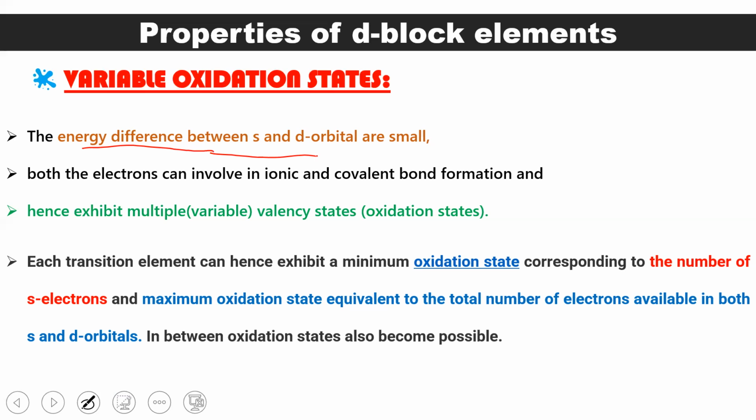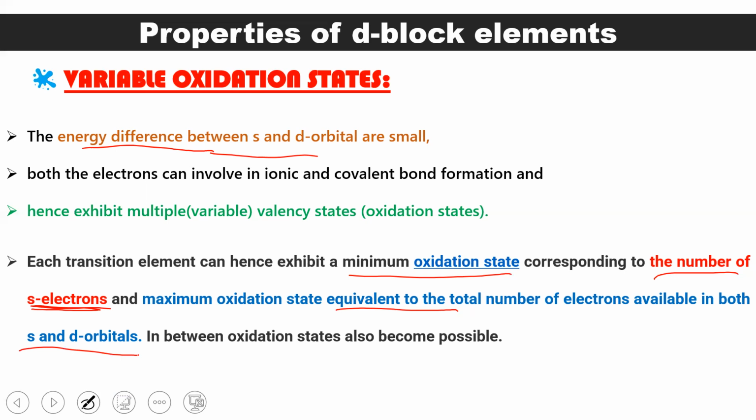See this one, in these d block elements the minimum oxidation state arises by losing the s electrons. The maximum oxidation state is equivalent to the total number of electrons available in both the s and d orbitals.